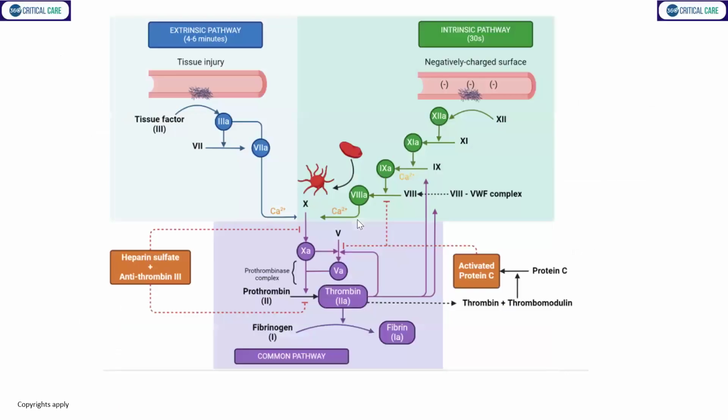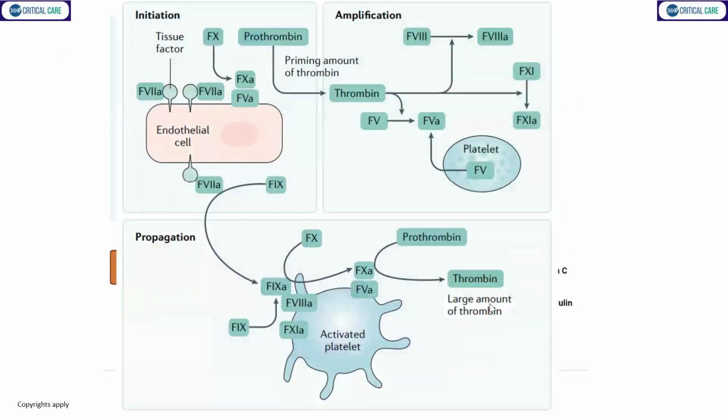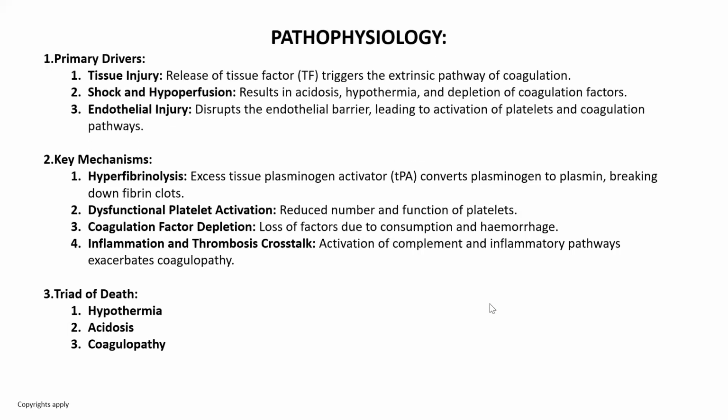Okay, so in the presence of tissue plasminogen activator, there will be breakage of this stabilized clot, which leads to hyperfibrinolysis. Okay, so this is what usually happens in the coagulation cascade. So this is the first trigger and the mechanism which happens in trauma-induced coagulopathy.